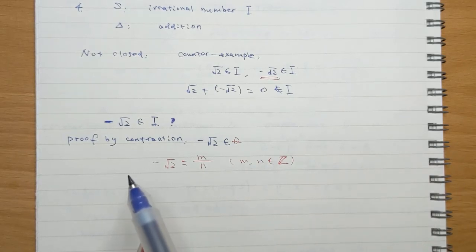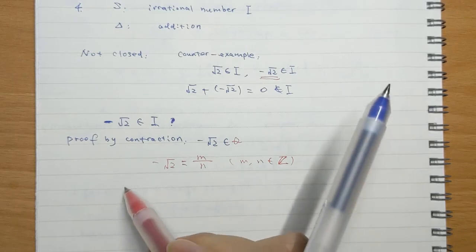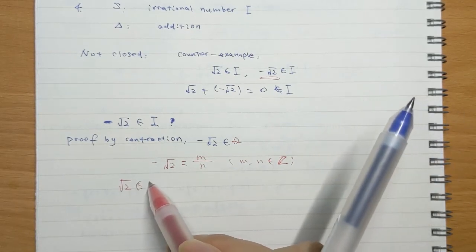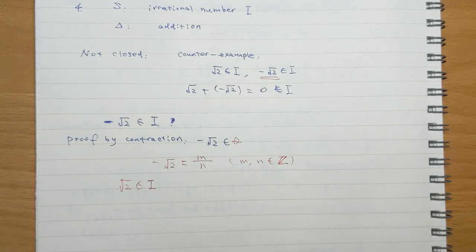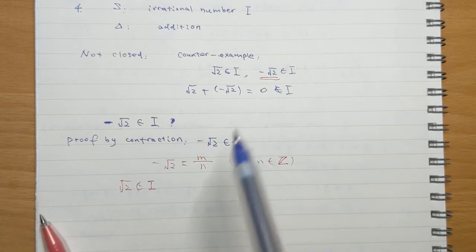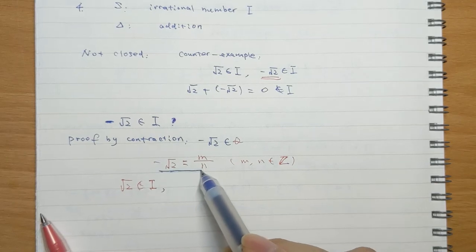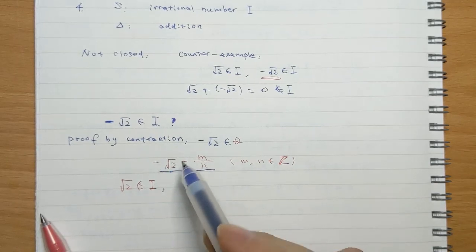From the previous problem solving, we know that square root of 2 is indeed irrational, right? From this, we put the minus to the right-hand side.